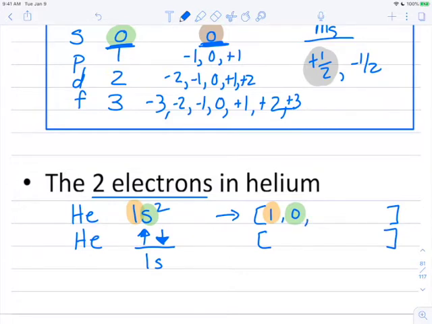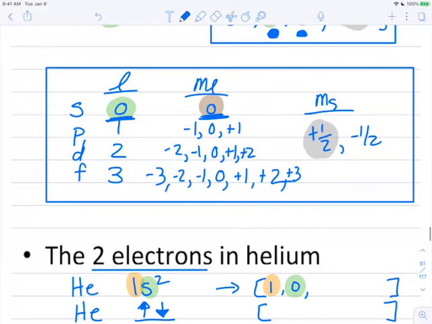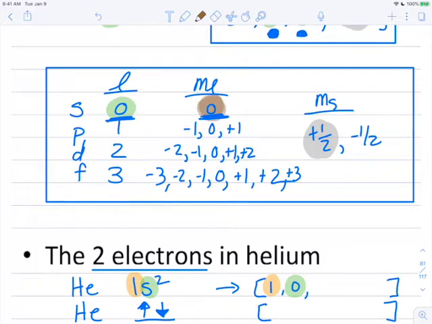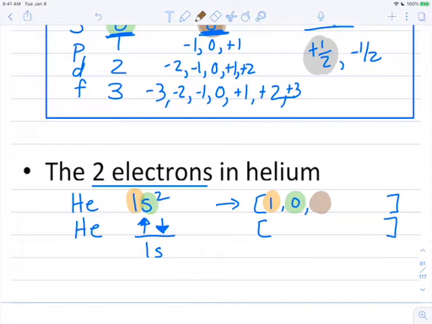Next up, we have the M sub L, and we said for S's, this would always be 0. So that is 0. And now for this electron right here, I'm going to call this plus 1/2.